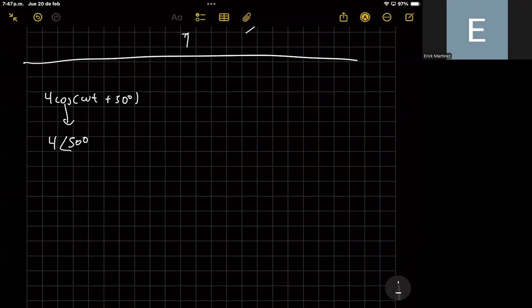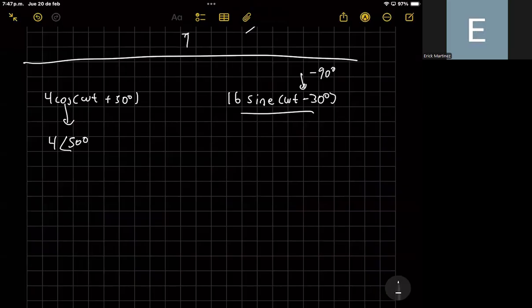But I can do the same for another exercise. For instance, imagine that you have 16 times the sine of omega times t minus 30 degrees. I can convert this sine to a phasor, but first I need to convert this trigonometric function into a cosine. To do that, remember that I can subtract 90 degrees from the argument in order to convert it to a cosine.